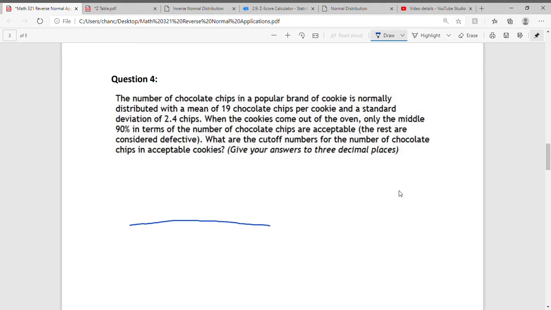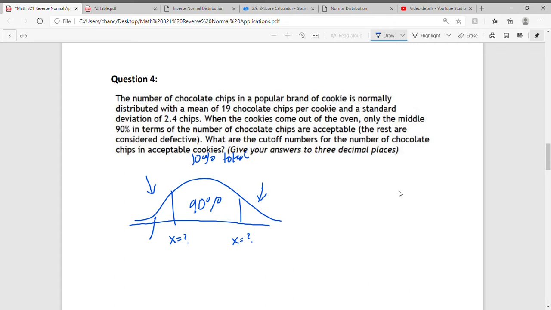What we want to find in this question is the middle 90%. Now, if the middle is 90%, we are trying to find the X values that would cover 90% of those chocolate chips. If the middle's 90%, the outsides would be 10% total.